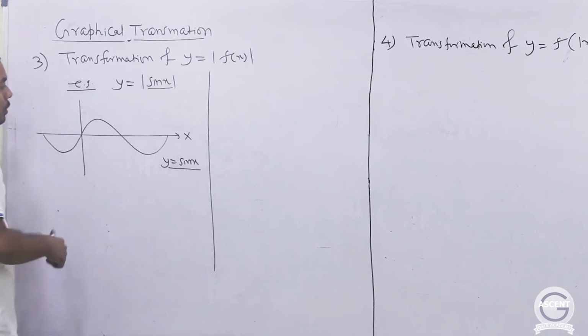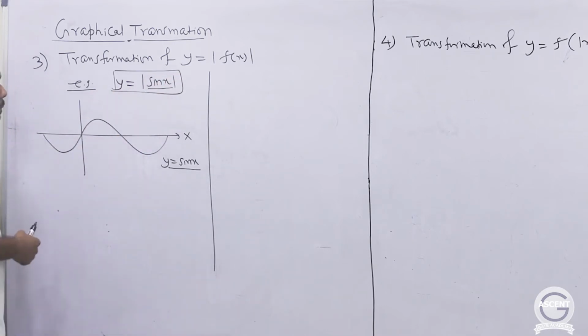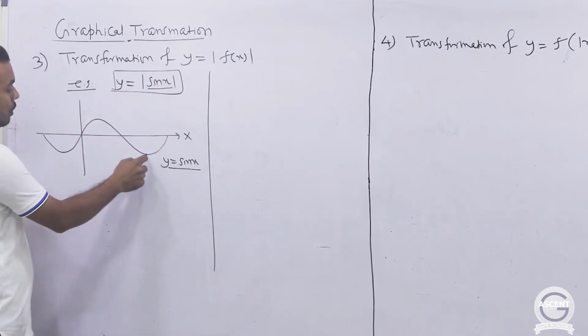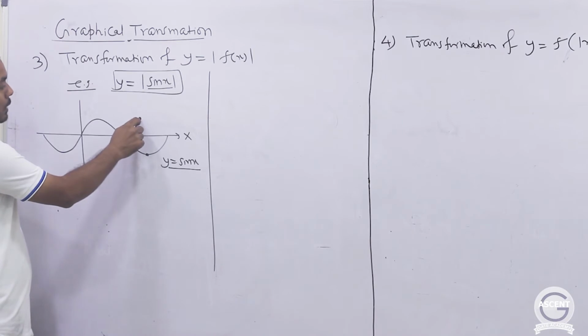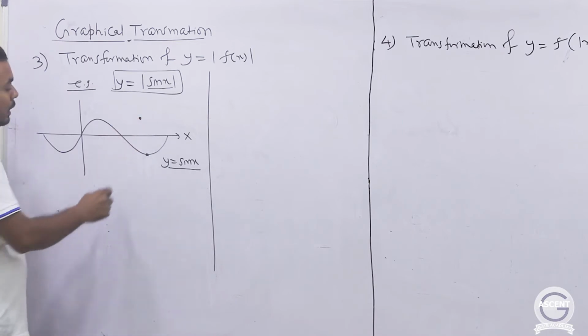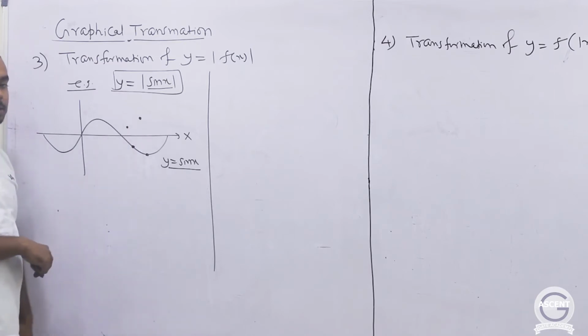Now if you want to draw the graph of y equals mod sin x, then what will happen is that for sin x this point is giving us minus 1. Now if you take mod of minus 1, you will get plus 1. Here suppose y is minus 1 by 2, then mod of minus 1 by 2 will be plus 1 by 2.